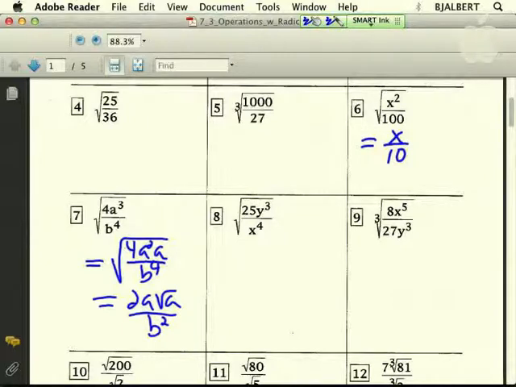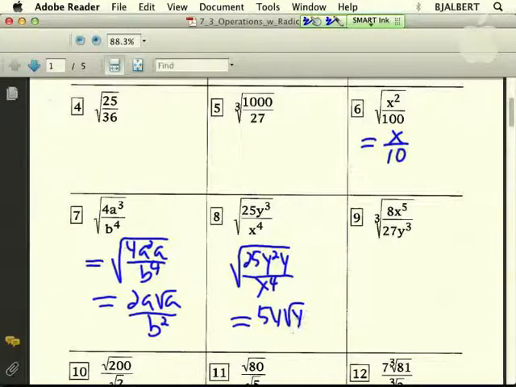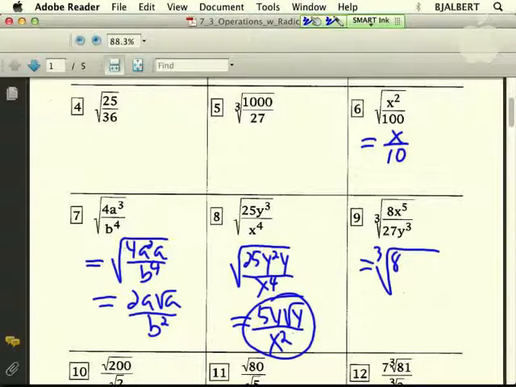Number 8, that would be 5y square roots of y over x squared. Number 9 would be, see, you want the biggest cube there.